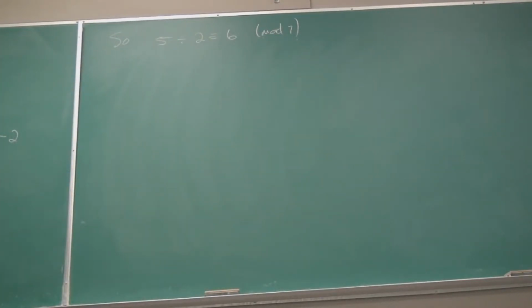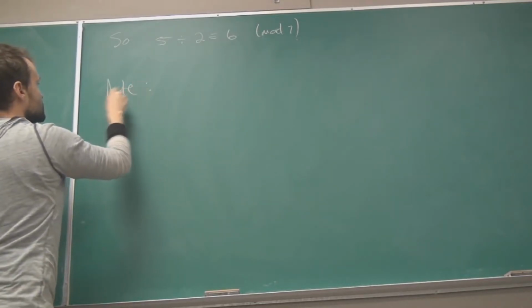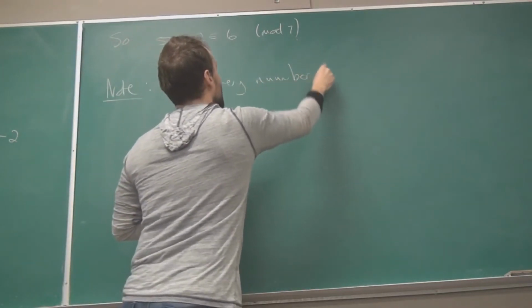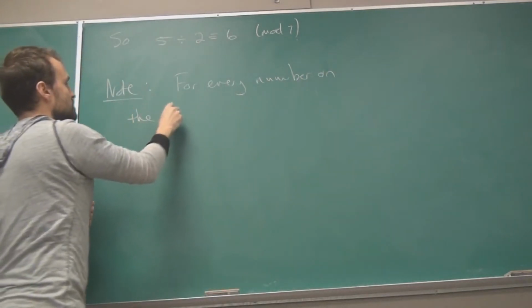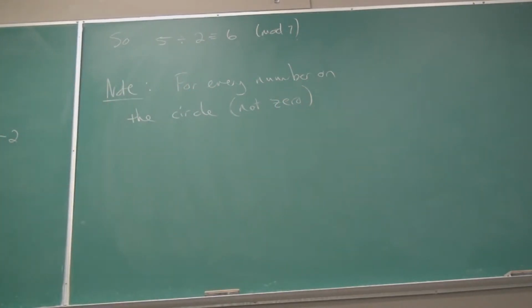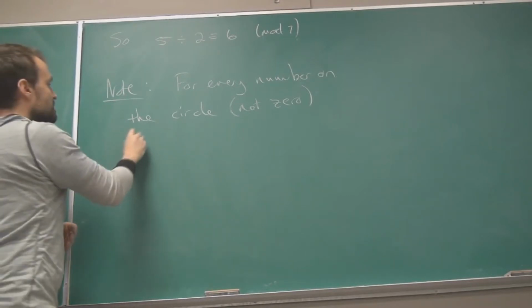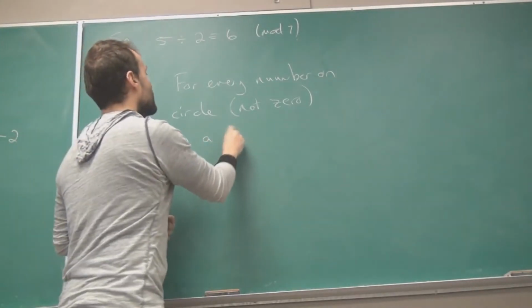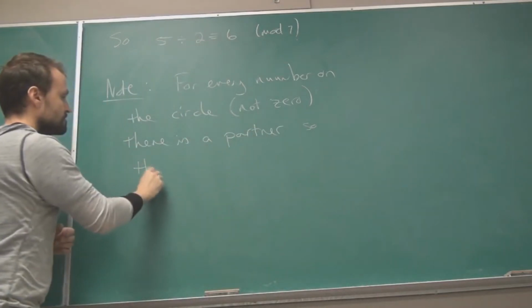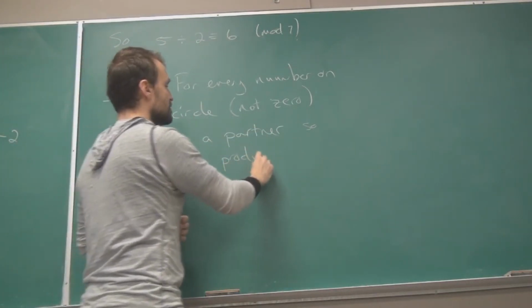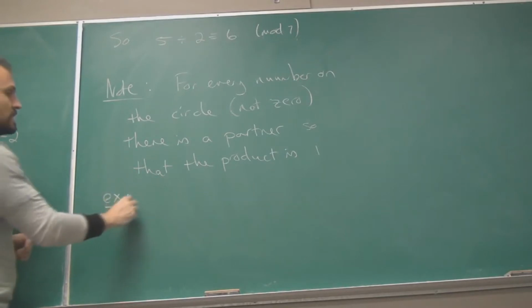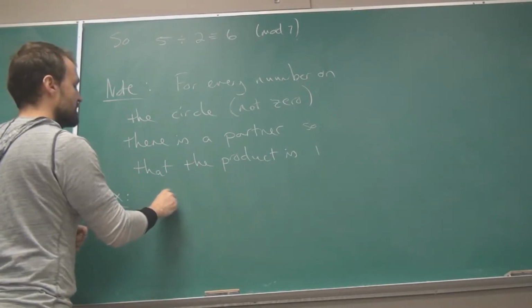If you look at this circle, for example, for every number on the circle that's not 0, 0 is special, 0 doesn't play well with others in multiplication, there is another number, let's say a partner, a friend, so that the product of the two is 1. Random number. 3.